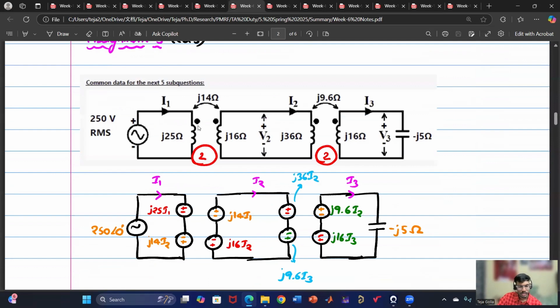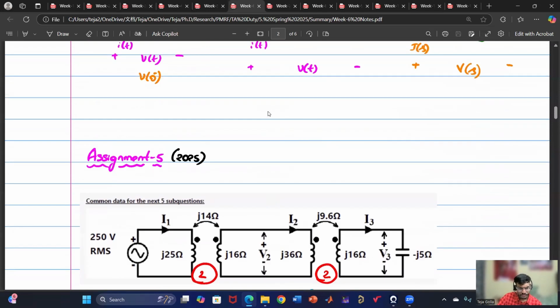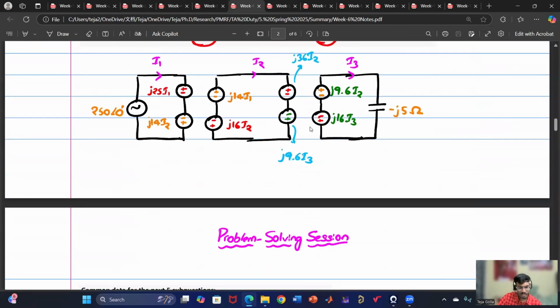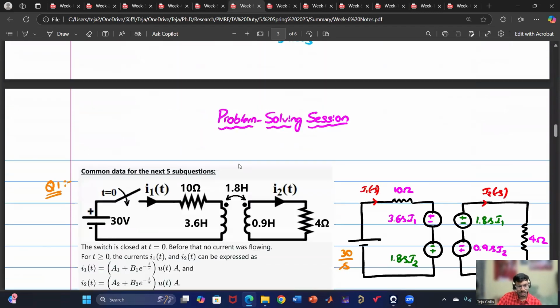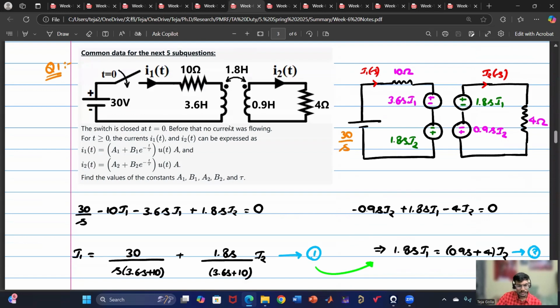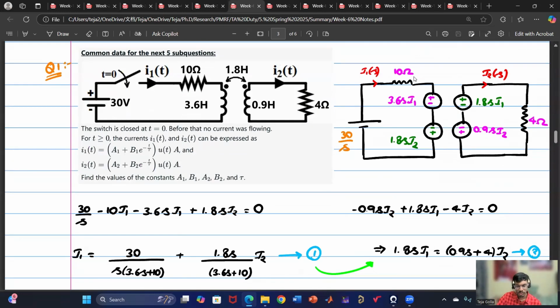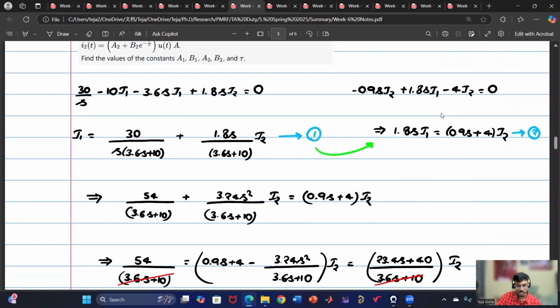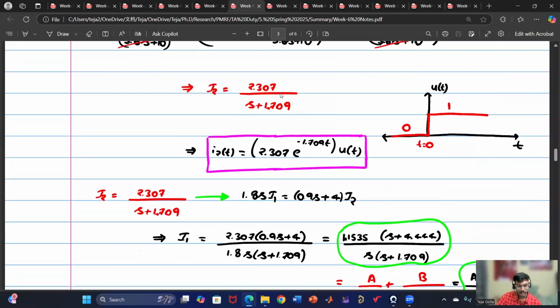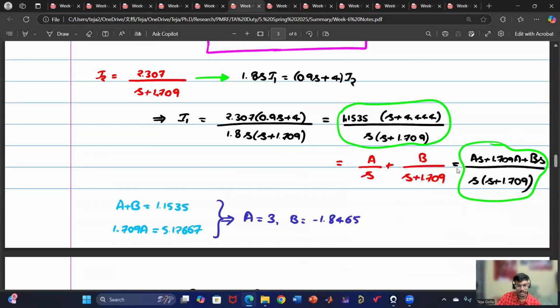So this is the same problem that we have solved in assignment 5. For solving any problem, first you have to convert everything into S domain. So that is what I have done. Then you solve in S domain and get everything in S domain, then apply inverse Laplace transform to get everything in the time domain.